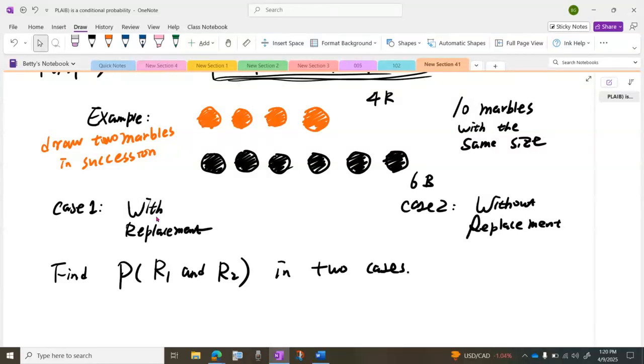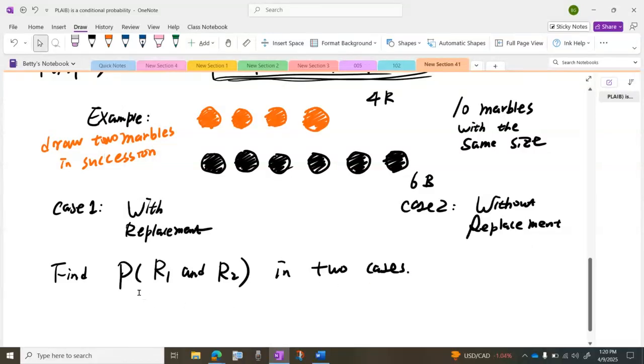That's the first case, with replacement. The second case is without replacement. We get a marble, we record the color, and then throw it away. Do not put it back. So when we take the second marble, we only have 9 marbles left in the bag. That's the difference between the 2 cases.